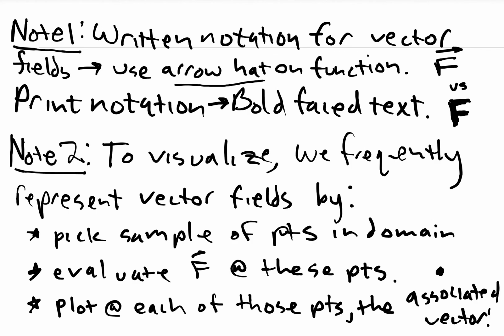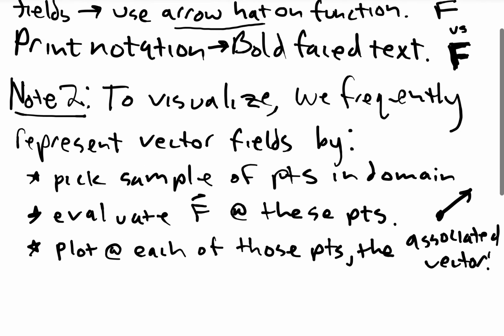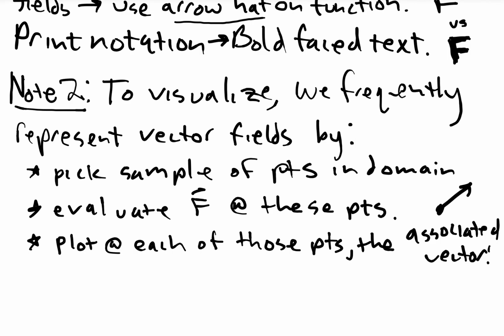I plug in that point, I get a particular vector that points off in some direction. Starting at that point, draw whatever vector that you had. We've mentioned before in the vector section that vectors specify magnitude and direction. They don't necessarily care about starting points. We can kind of pick them up and put them wherever we need them to. We're going to pick these guys up and put them right on top of whatever that point is that we started with.